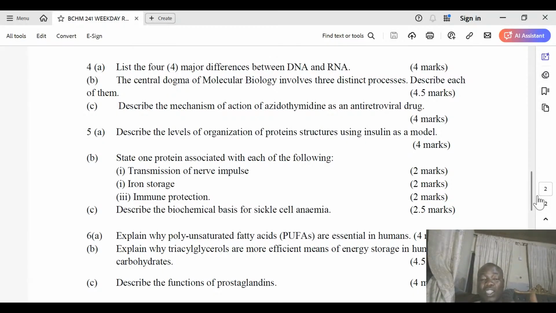So this is the biochemical basis for sickle cell anemia: the change of glutamic acid to valine at position 6 of the hemoglobin, and that is the answer.